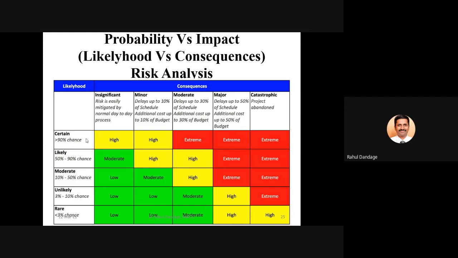When we go for moderate impact, the schedule may be increased by 30%, and the cost or budget may be increased by 30%. When we go for major impact on your project, the schedule may go for a time overrun of 50%, the cost may escalate to 50% additional, and the last is disastrous, that is catastrophic.